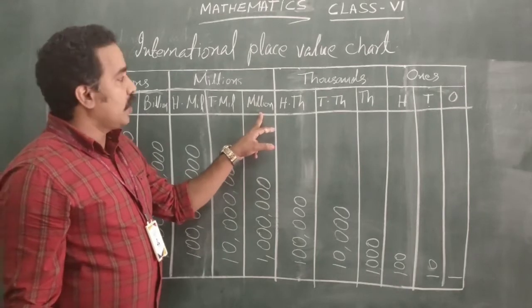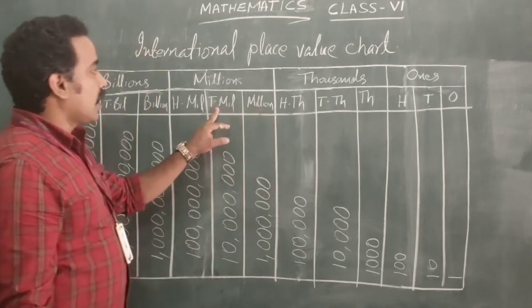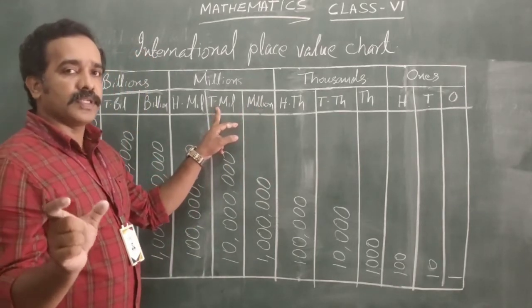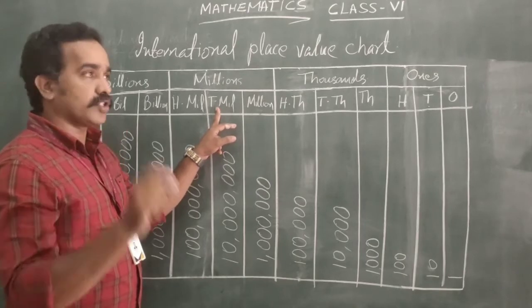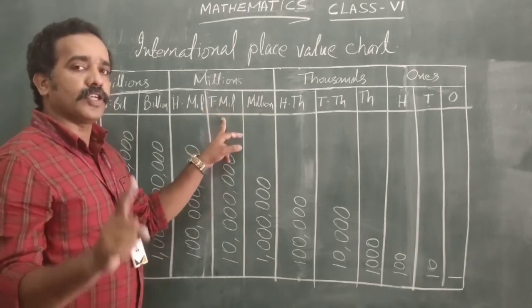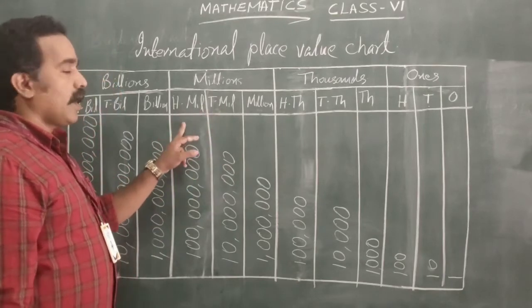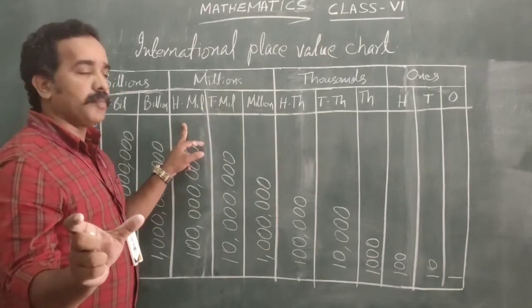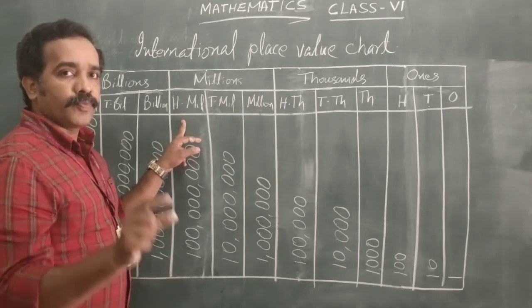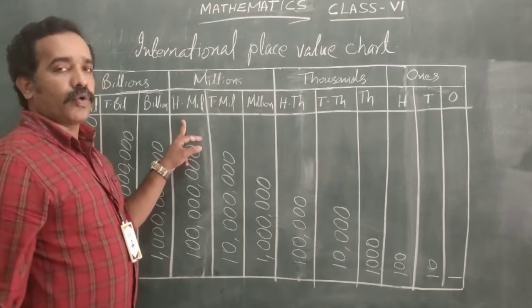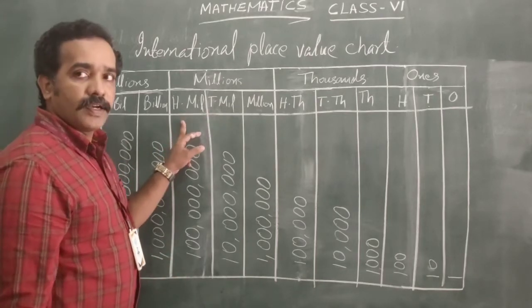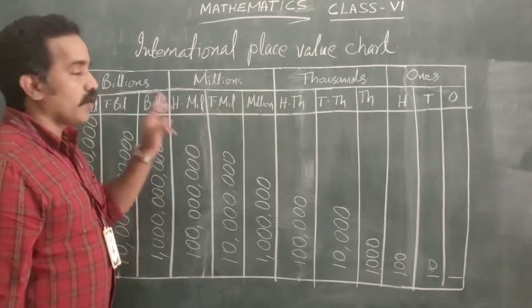Then 10 million comes in the crores place. So 10 million is equal to 1 crore. And after 10 million, 100 million. 100 million is equal to 10 crore.